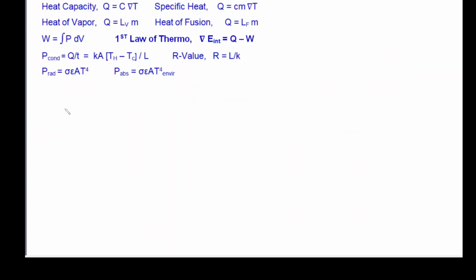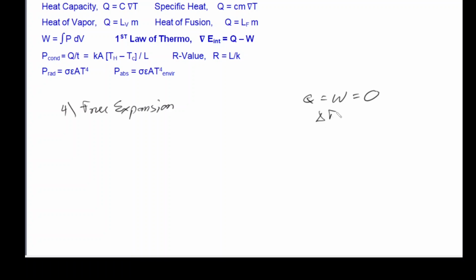Another process is called free expansion. And in this case, the system expands into an unrestrained volume, such as a vacuum. There's no heat transfer and no work done with the environment. Therefore, heat and work are equal to 0.